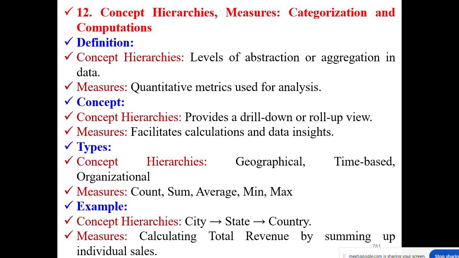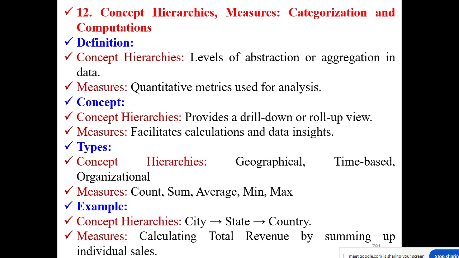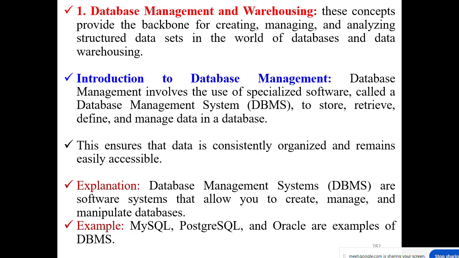We are calculating total revenue by summing up individual sales. So calculating total. Total is a measure, metrics like count, average, minimum, maximum. These are the statistical operations. So with that, the theory part is completed. 12 topics.